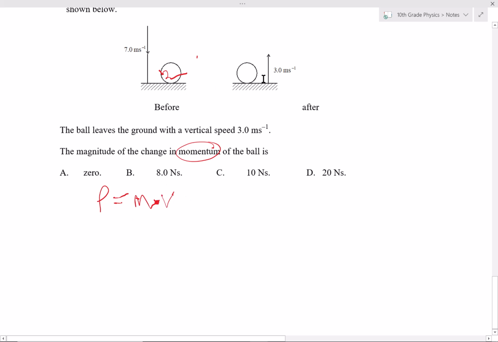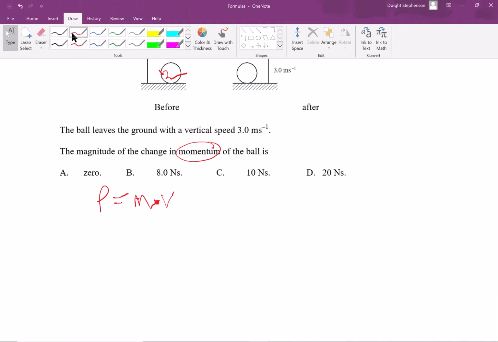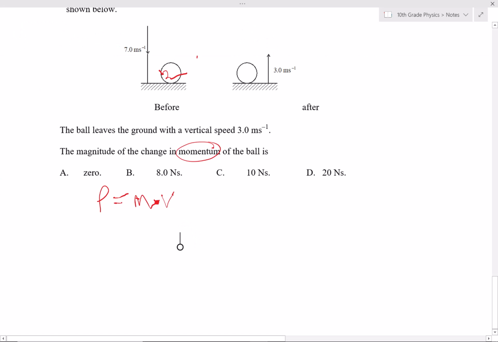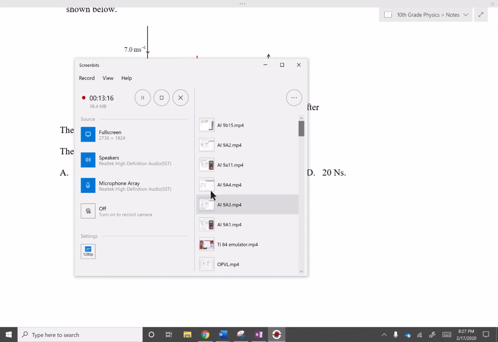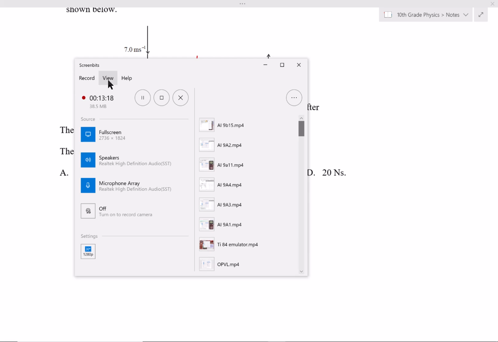So this thing has momentum before and after, right? So again, we could write this, the momentum before. All right, I'm going to have to do this one in another video, so just look for this in a different video.